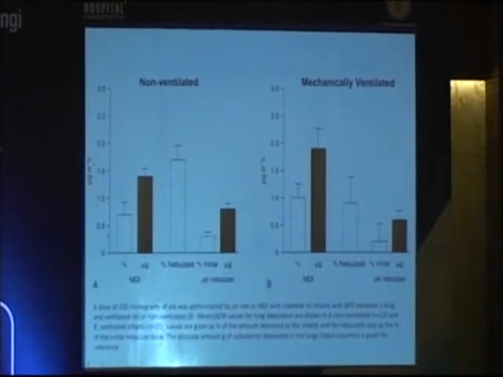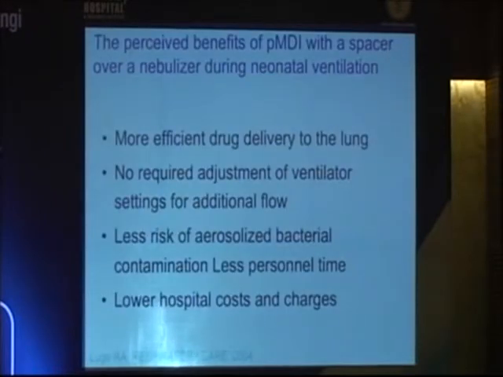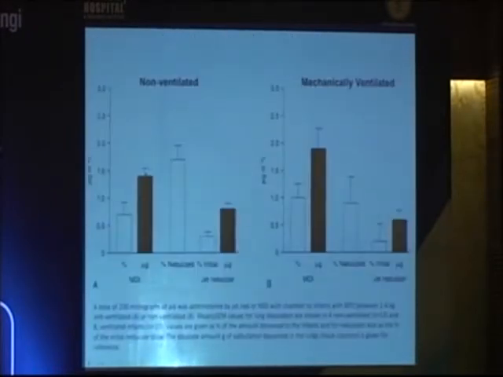And what you find here is only about 1% of that drug is actually making its way down into those BPDers' lungs. Right? So 1% of what you're using with that inhaler is making it down to the lung. Whereas with a nebulizer, a smaller fraction of the absolute drug mass is being delivered to the lung than during PMDI with spacer.